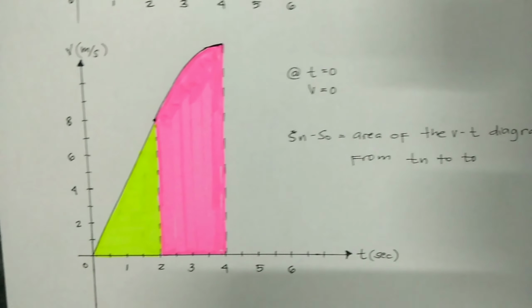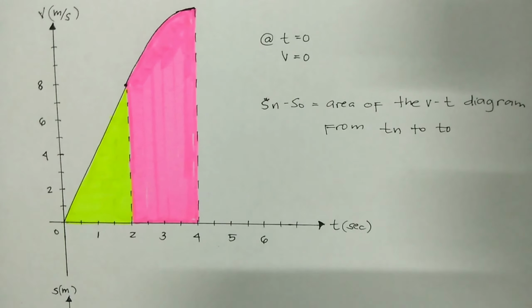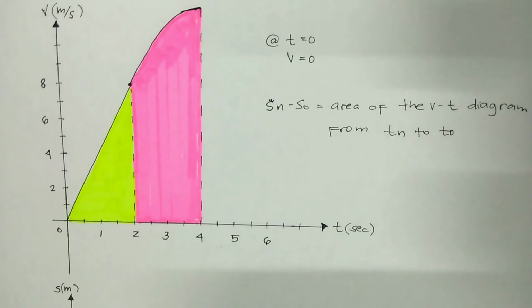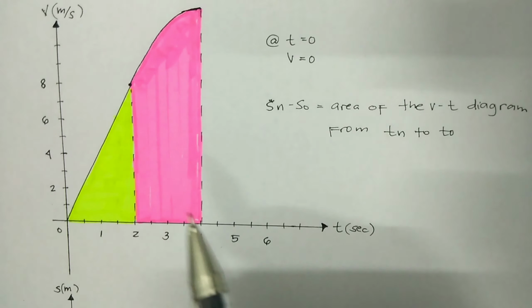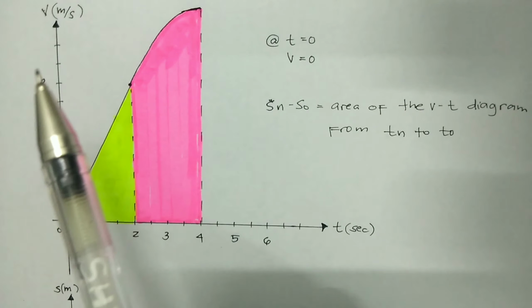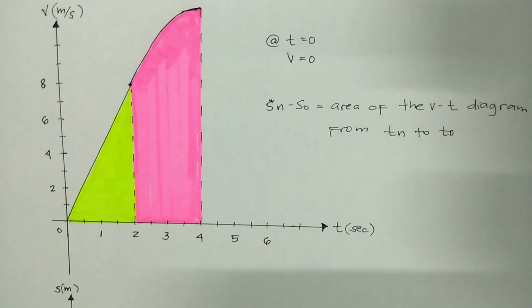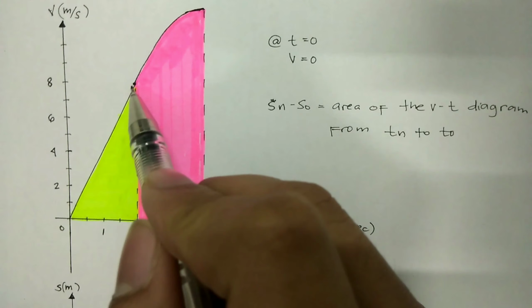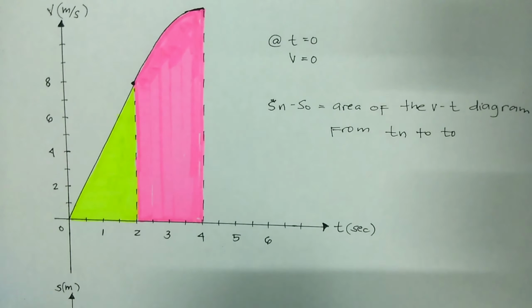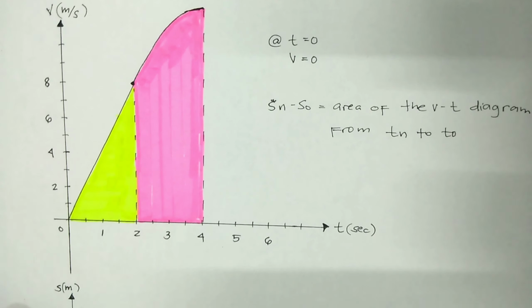Next, we are now ready to draw the velocity time diagram. We have computed the area of the rectangular part from time 0 to time equal to 2, and that is equal to 8. So that is the change in the velocity, from 0 to 8.